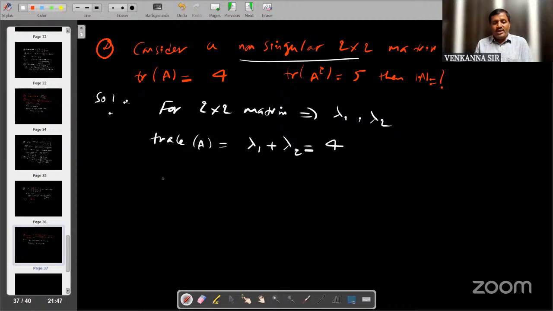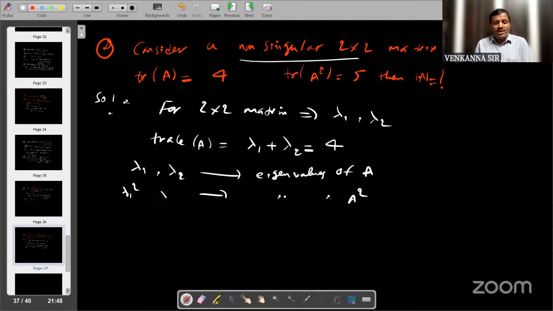If lambda 1 and lambda 2 are the eigenvalues of A, then the eigenvalues of A square are lambda 1 square and lambda 2 square, using the property.